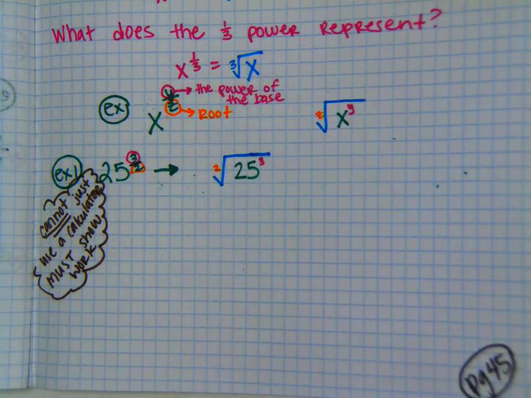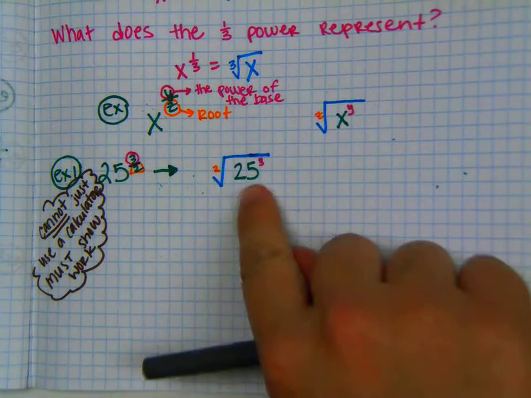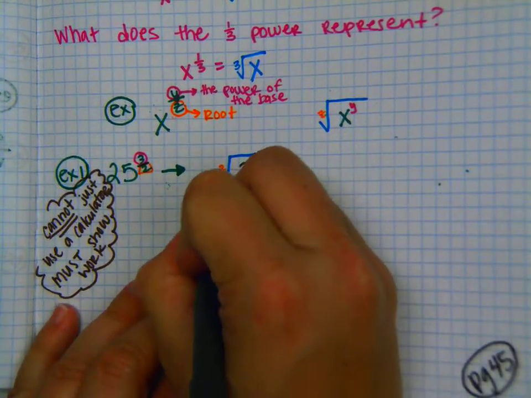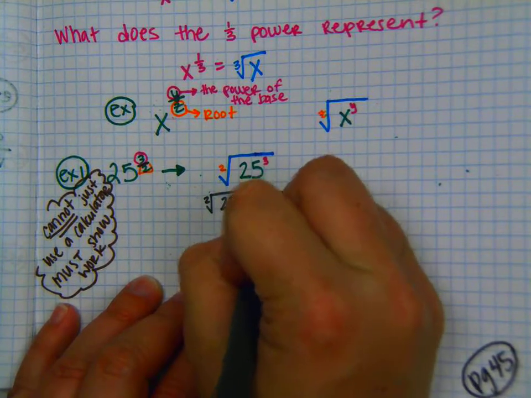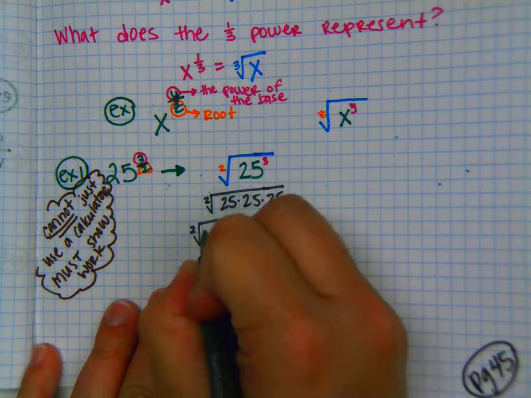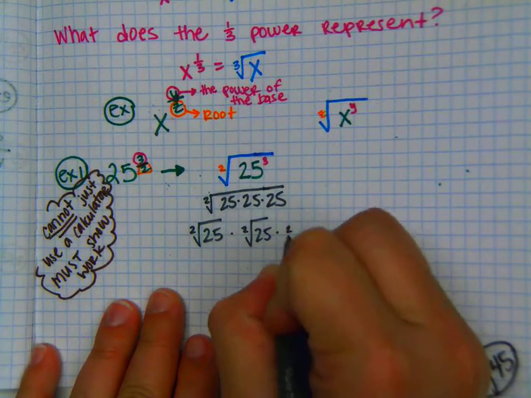From there, we're going to break it down. And this says 25 to the 3rd, which means we're going to write it 3 times. So that's the square root of 25 times 25 times 25. Well, now I can break that up into the square root of 25 times the square root of 25 times the square root of 25.